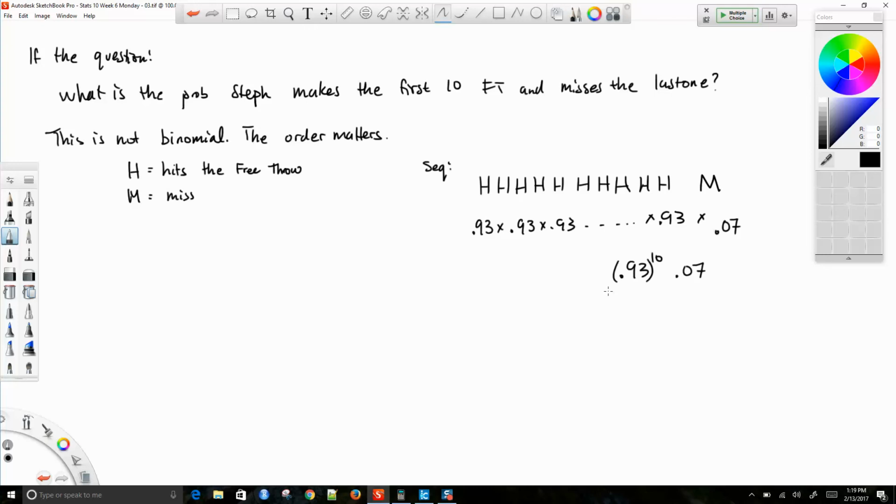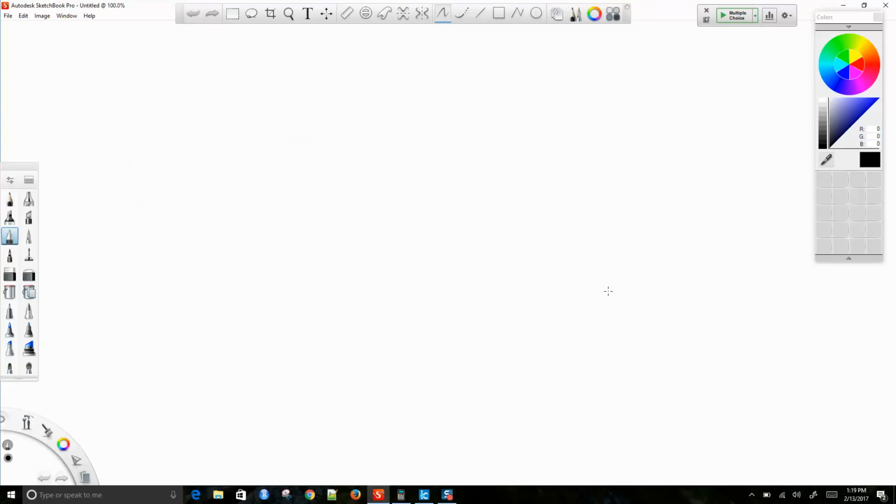Okay? So let me just change our example to something a little bit more manageable. All right, and so let's say you have a biased coin. I don't know what that means, but we can imagine some biased coin where the probability of landing heads is not 0.5, but is somehow 0.7.